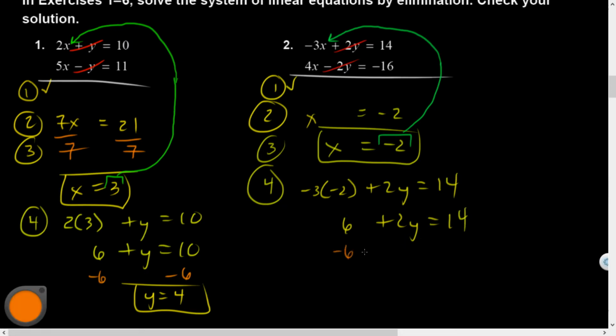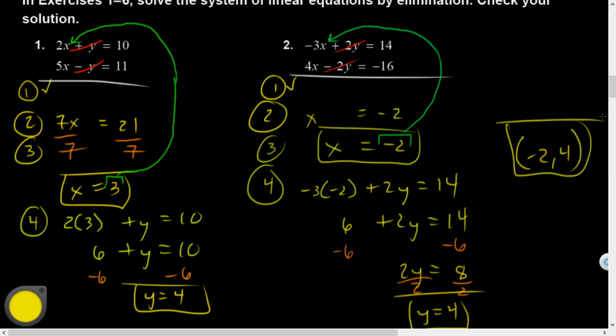Subtract 6. Although here dividing wouldn't have been terrible as long as you remembered to divide everybody. 2y equals 8. I think y is going to equal 4 again, guys. I keep saying the number 4 when I mean to write 2. So y equals 4. Right? So my solution is negative 2 comma 4, if you want to think about that as an ordered pair.